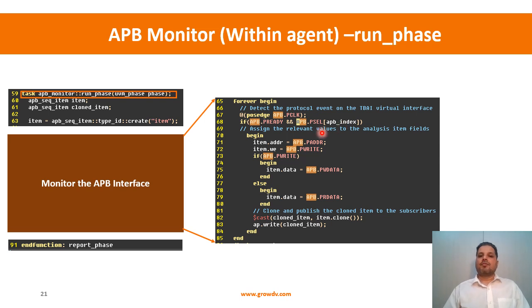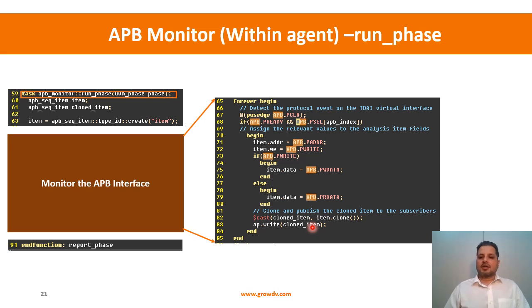Okay, so if this has been asserted, then what we do is we take the item address from the APB PADDR and assign it to the item that we have created. Write enable, we assign it, and if it is a write, then the data is copied from the PWDATA interface. If it is a read, then it is copied from the PRDATA, and then it does the cloning of this item, and the cloned item gets sent over the analysis port.